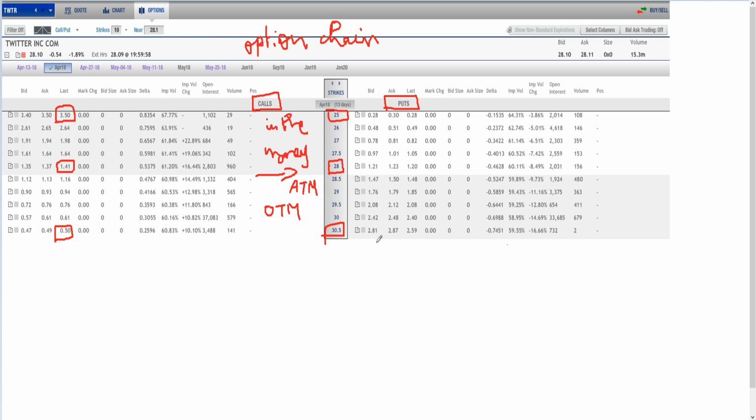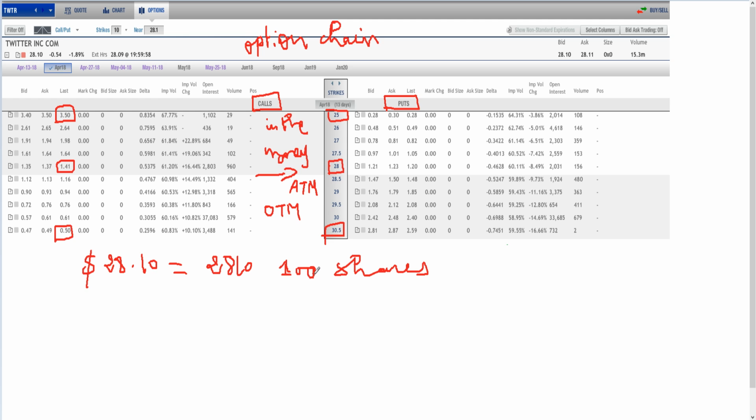If you think that Twitter, from $28.10, this is the price now, instead of paying $2,810 to buy 100 shares, this is because a contract is 100 shares.